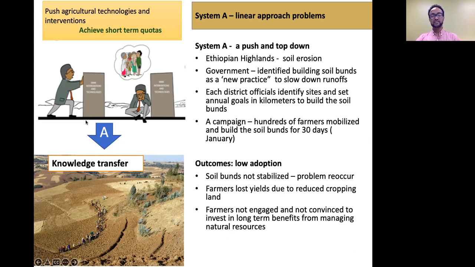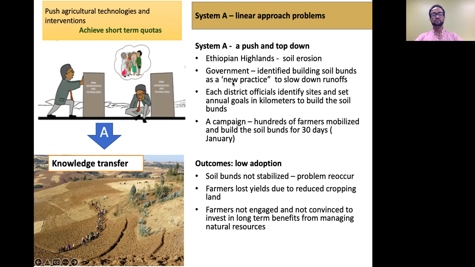Although there is an understanding that farmers' engagement and a participatory approach are more important to increase adoption of new practices, in reality what is being implemented is pushing technologies to the farmers without engaging them. So you can see here that government believes there is a problem, and this problem is soil erosion, and government identifies building soil bunds as a new practice to slow down the runoff.